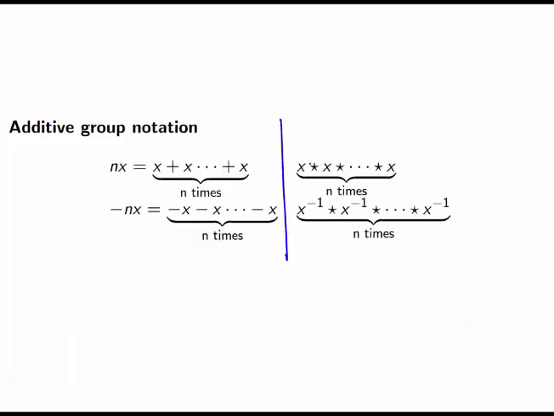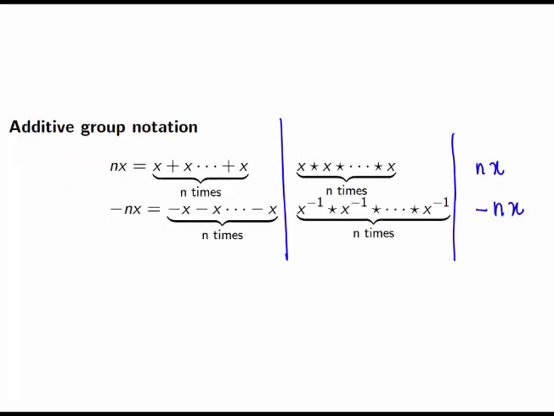If we have x combined with x, let's say n times, we can just write this additively as nx. If we have the inverse of x combined with the inverse of x combined with the inverse of x n times, we can just write additively negative nx. Again, one needs to be careful because the meaning here may not have anything to do with the usual meaning of nx or negative nx.